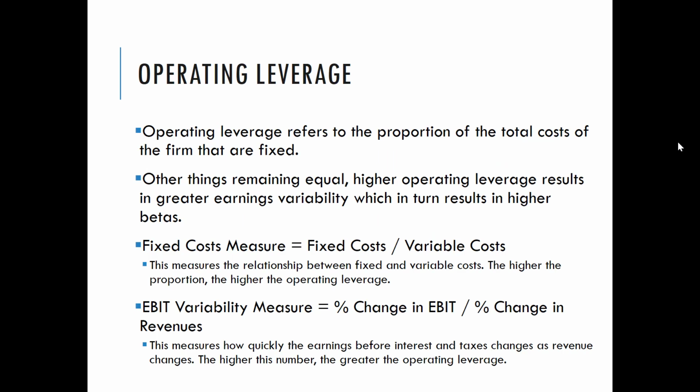Again, the second aspect is operating leverage, and I think I mentioned it in other classes as well. So operating leverage is, again, the idea of the proportion of your variable and your fixed costs. So essentially, what is your fixed cost in comparison to your variable cost? And the idea is the more fixed cost you have, the more risky you will be.